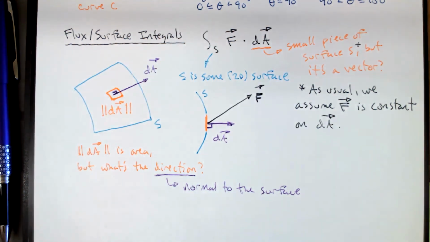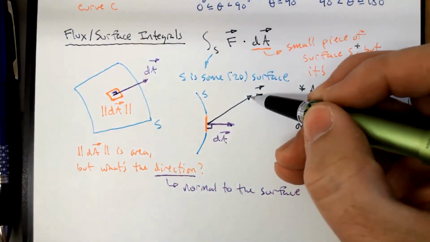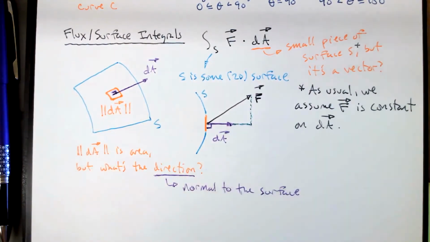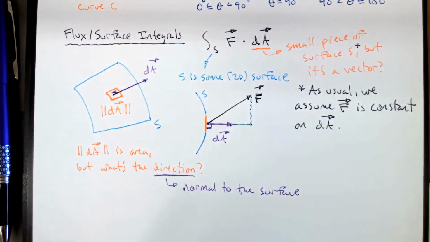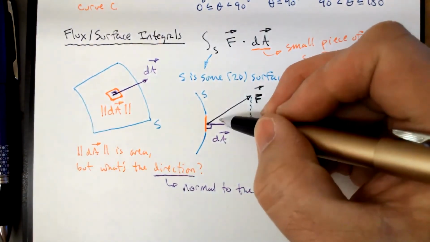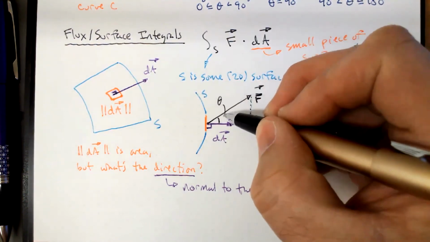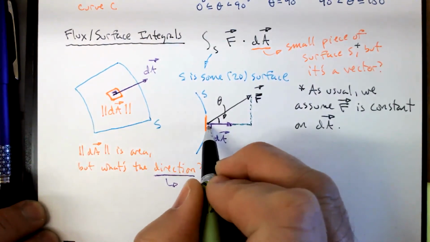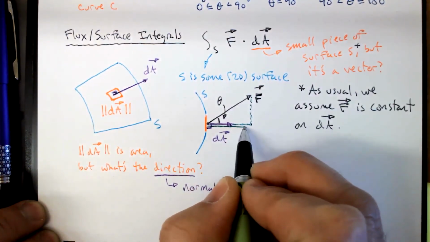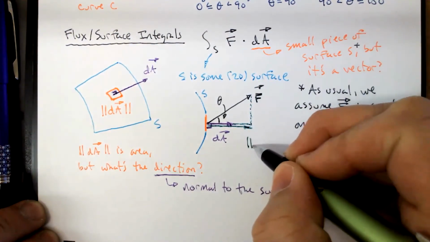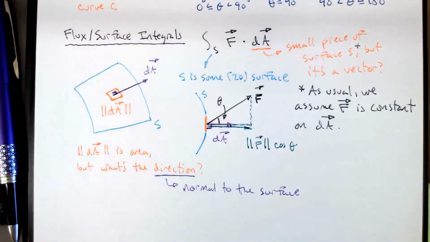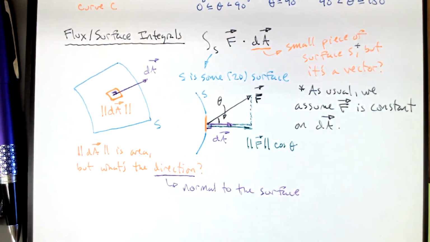Our dot product is still going to tell us about the part of F, our dot product is still going to involve the magnitude of F times the cosine of theta.